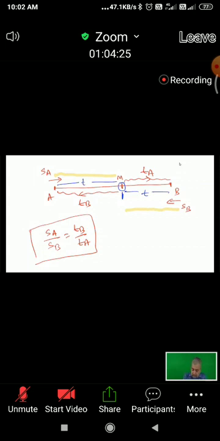Okay, so I'm dividing the distance into two parts. Suppose this is the first part and this is the second part. Now for the first part, the distance traveled by the train from A and the train from B is same. So the distance is same.